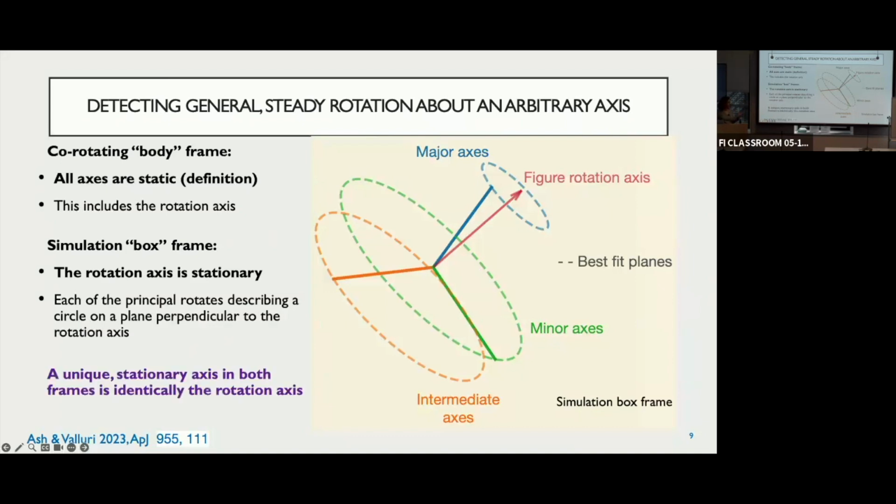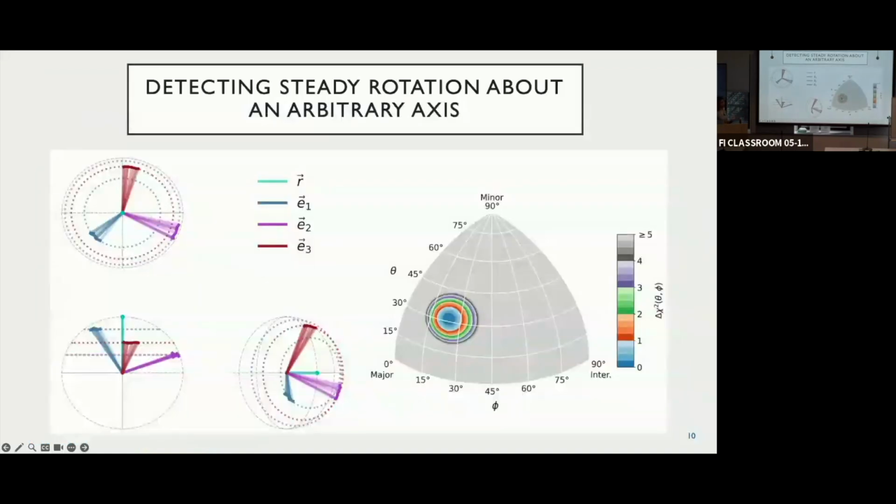So even in an inertial frame, there is a unique axis which is perpendicular to all of these 3 planes. And that turns out to be very helpful because these halos are rotating really slowly.